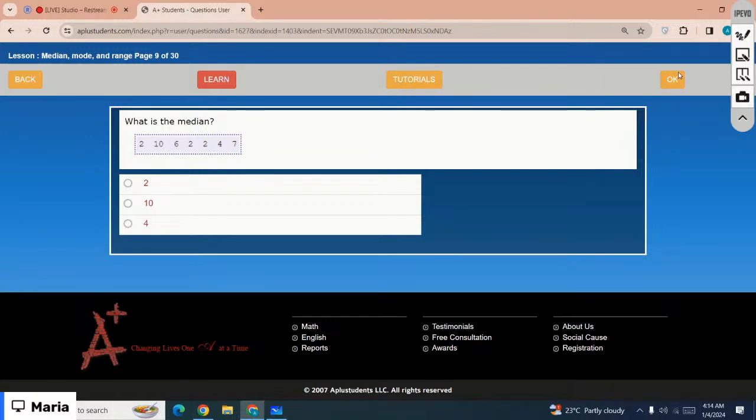The next one is what is the median, which is the correct option. Just arrange the data from the least to greatest. So, which is the median?